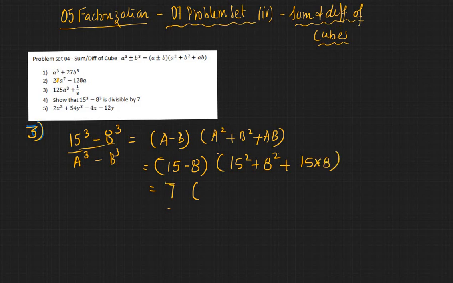That's 7 into the term, and it doesn't matter what that is, so you get 7 into a term, and this implies 15 cube minus 8 cube is divisible by 7.